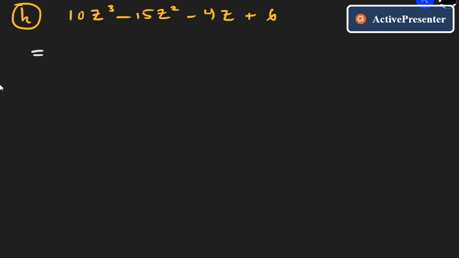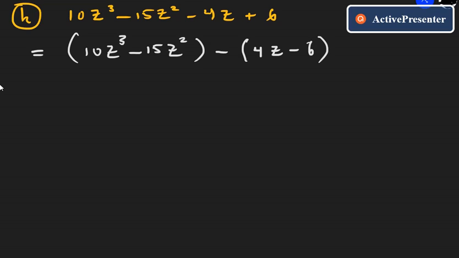So our answer is equal to, group now 10z cubed minus 15z squared. We would here put minus, would be left with 4z minus 6. Okay, now factor the greatest common factor. We would have here 5z squared, open parenthesis, we would be left with 2z minus 3.